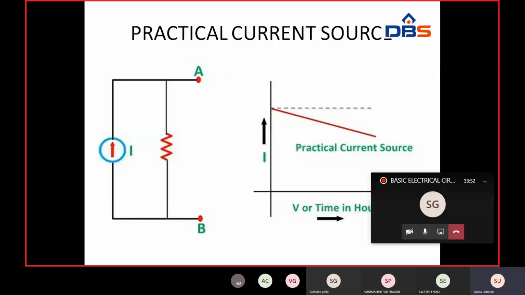Ohm's law is V equal to IR, I equal to V by R, and R is equal to V by I. From these three laws, he observed what happens to the resistance whenever the current increases, and whenever the voltage increases, and whenever the current decreases and voltage increases.